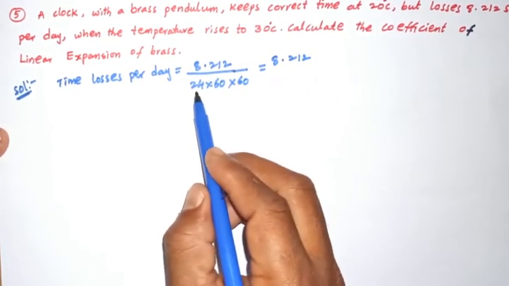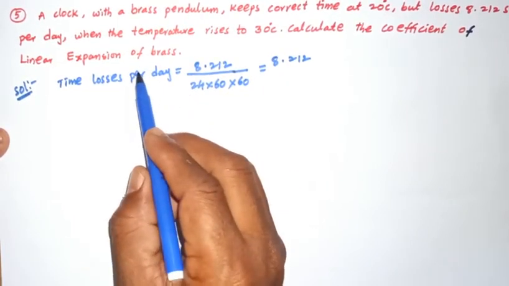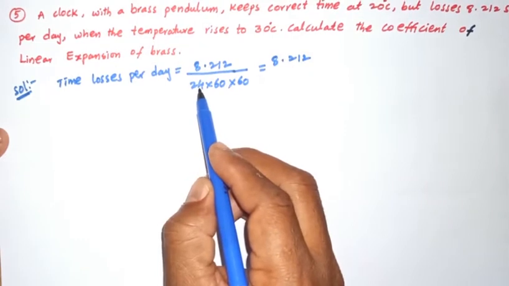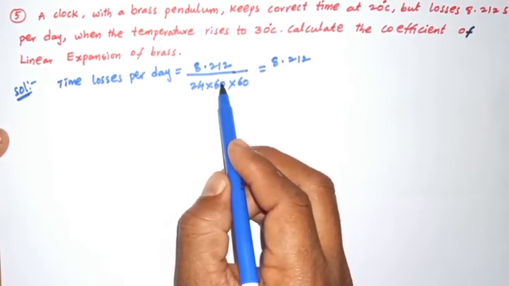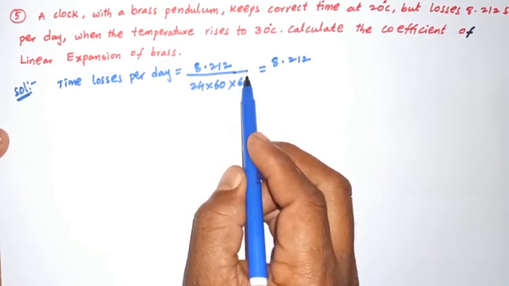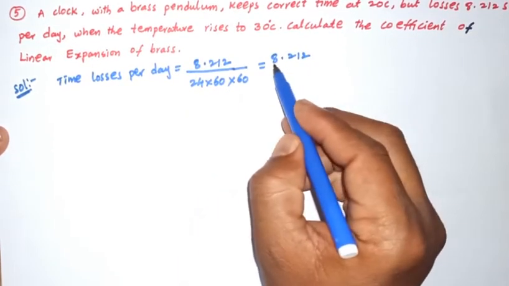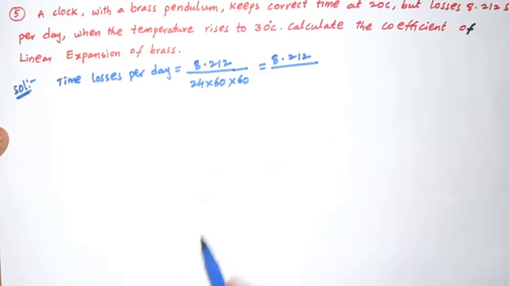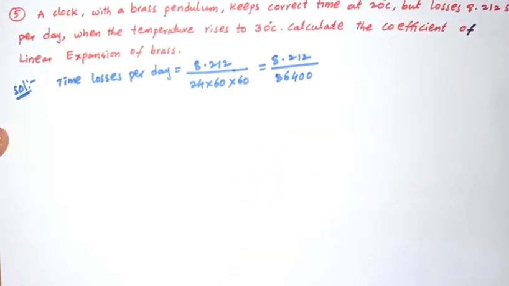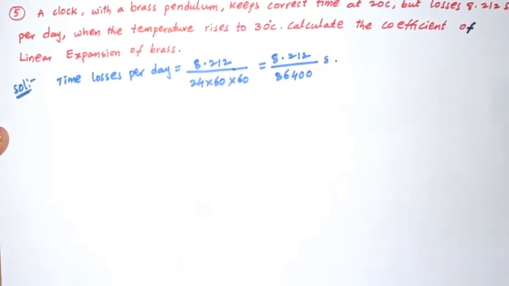So 1 day equals 24 hours, 1 hour equals 60 minutes, 1 minute equals 60 seconds. Converted to SI units, it is 8.212 divided by 86,400 seconds.